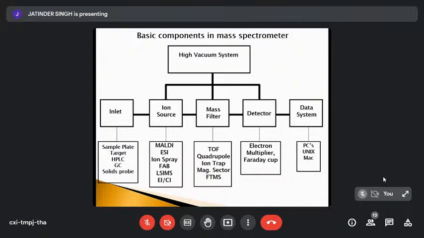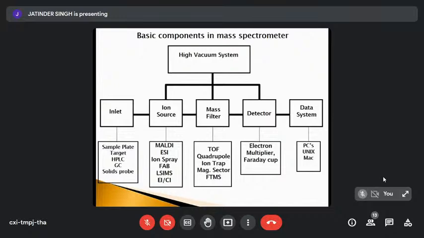Then it enters into the ion source, and depending upon the ion source, mass spectrometry can be matrix assisted laser desorption ionization, electrospray ionization, ion spray, fast atom bombardment, liquid spray ionization, ion mobility mass spectrometry, electron ionization, or chemical ionization.